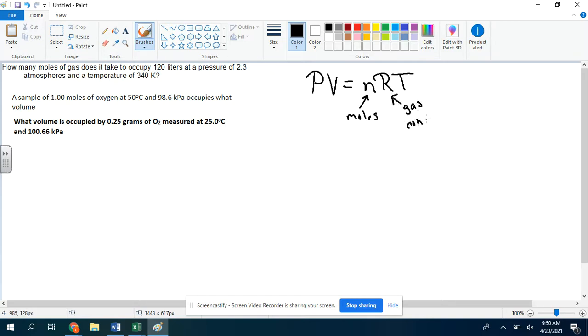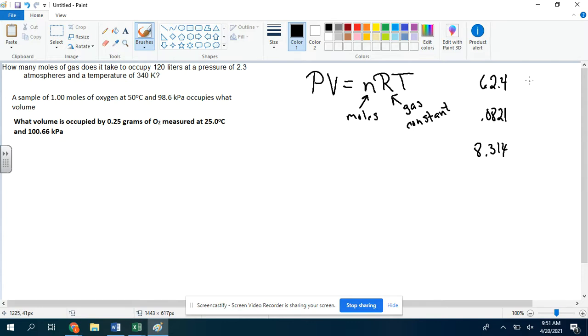So let me take a minute and explain that. You're going to have three available gas constants: 62.4, 0.0821, and 8.314. Let me explain the difference between these.